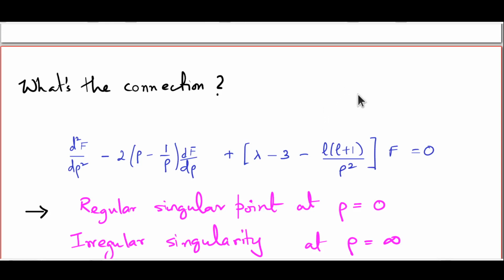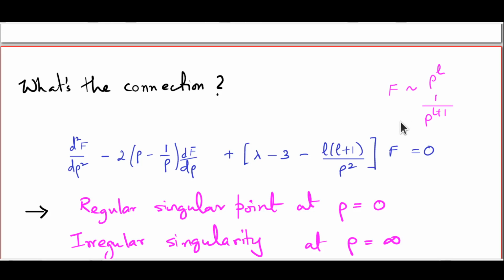The manipulations are also not quite arbitrary. Note that we know that this particular solution f has this behavior. When rho is very close to 0, it behaves either like rho to the L or 1 by rho to the L plus 1. So this is the indicial behavior or dominant behavior for small values of rho.